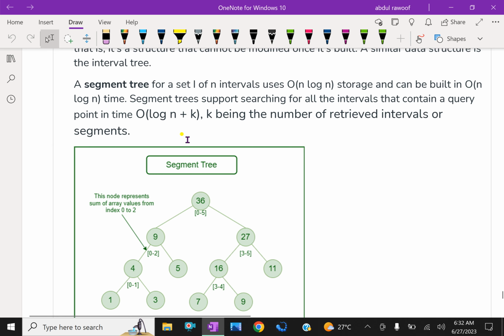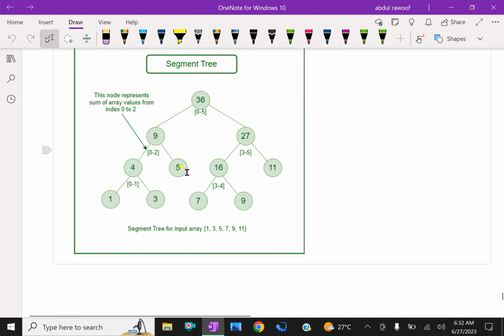A segment tree for a set of n intervals uses O(n log n) storage and can be built in O(n log n) time. This is a segment tree.